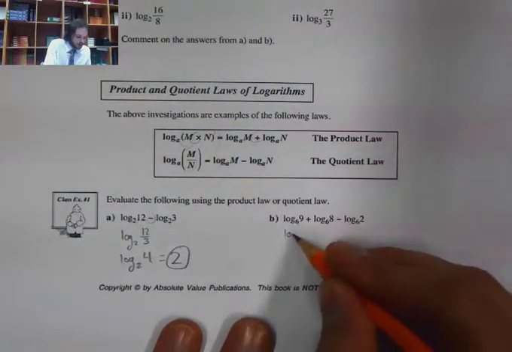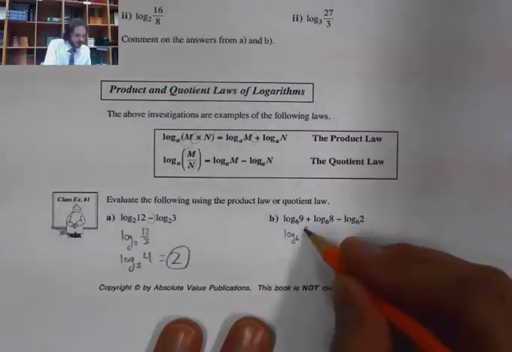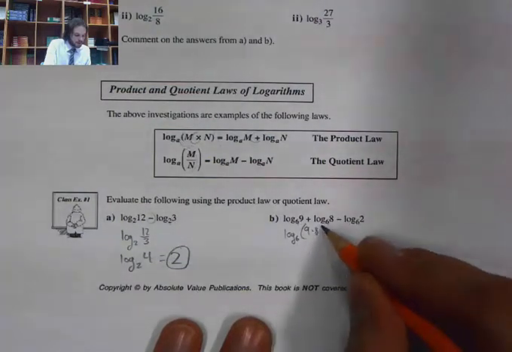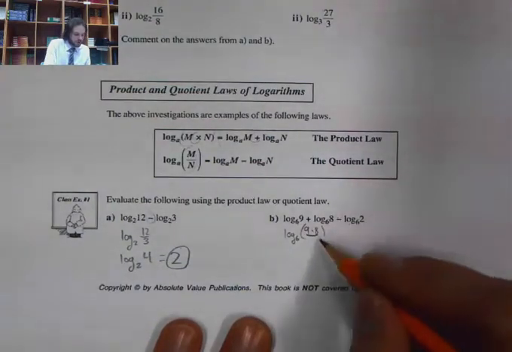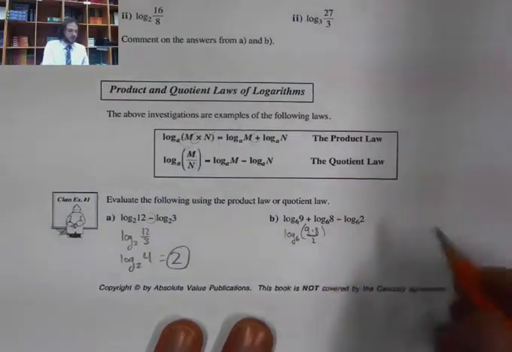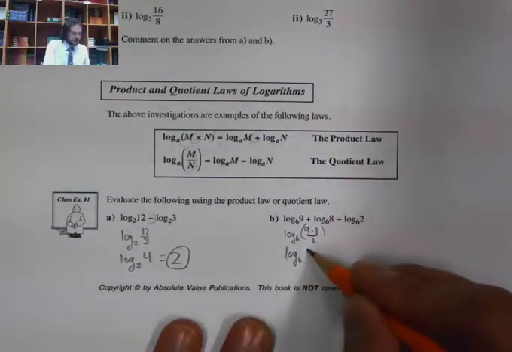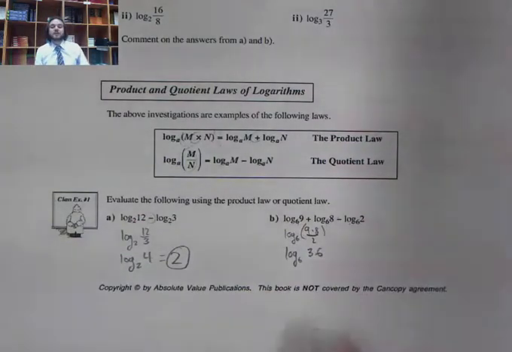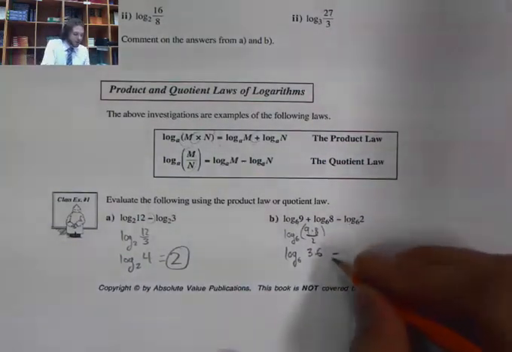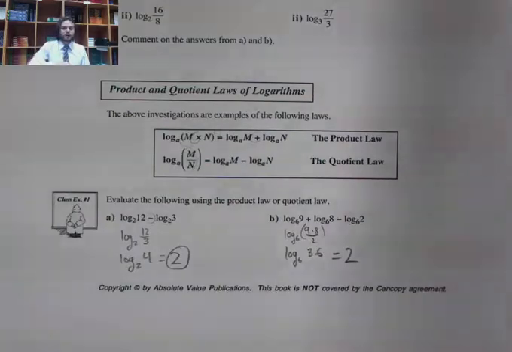It's going to give me log base 6 of 9 multiplied by 8, then we must divide it by 2. So that's going to end up giving me log base 6 of 36. Well, I know this. 6 to the power of what is 36? 2. There we go. We are done.